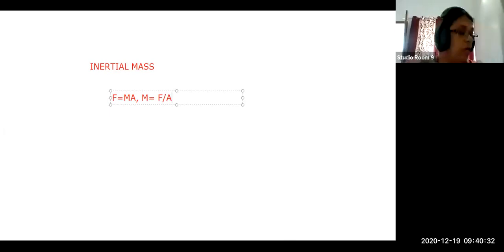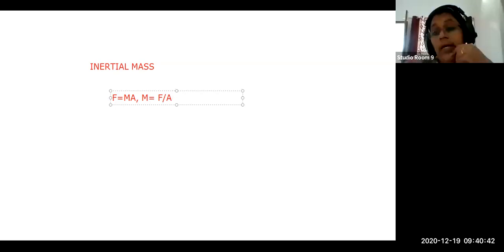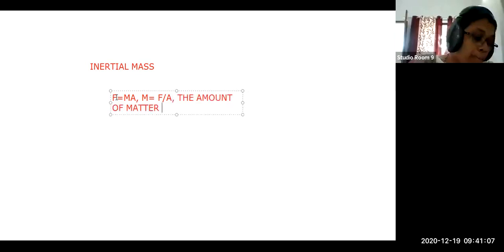The mass of an object can be defined as the amount of matter contained in a body.